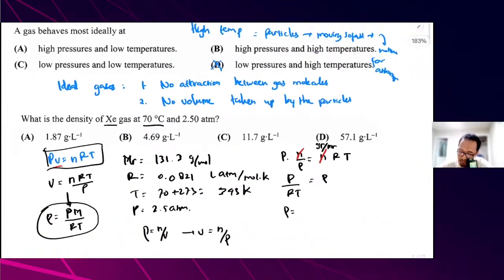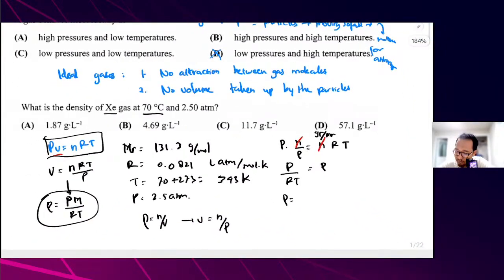Let's take a look at this one. As you can see, guys, this one will be grams per Mr, and this one will be grams per liter.